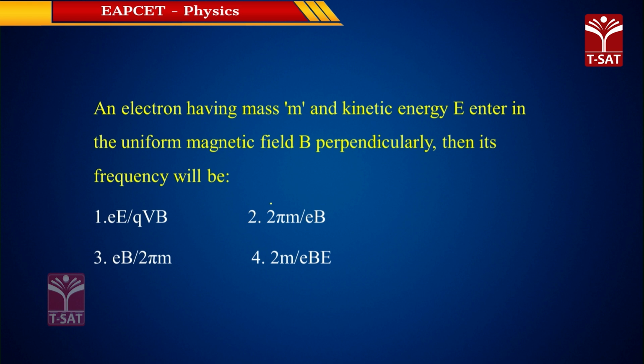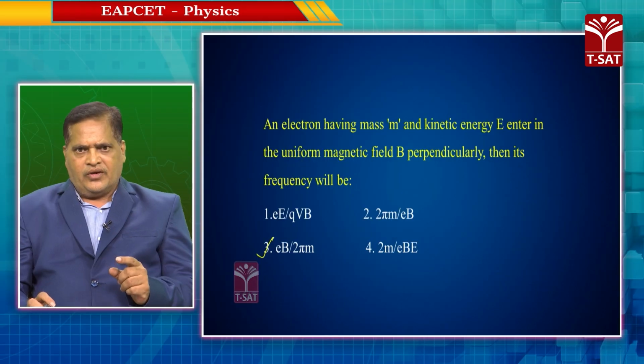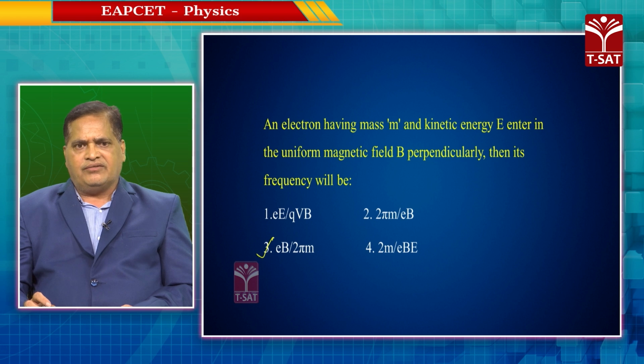The options: E by Q V B, 2 pi m by EB, EB by 2 pi m. This is the third option. Okay, children, frequency is EB by 2 pi m.